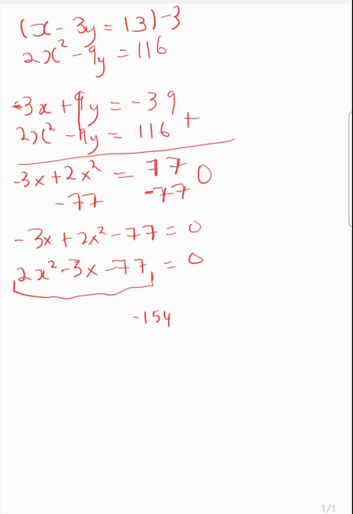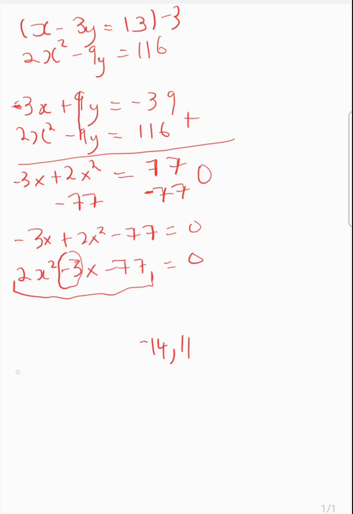We see that the two numbers are going to be minus 14 and 11, because minus 14 multiplied by 11 gives us minus 154, and minus 14 plus 11 gives us the middle term here. So we are simply going to use these numbers.